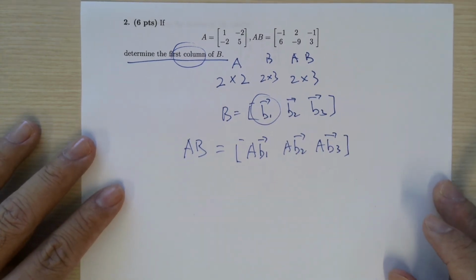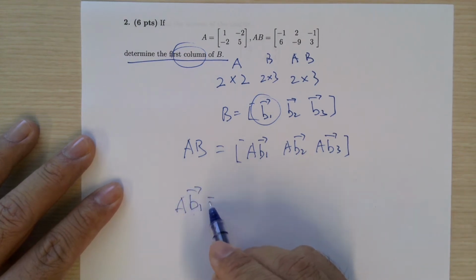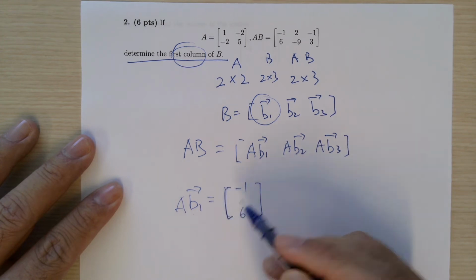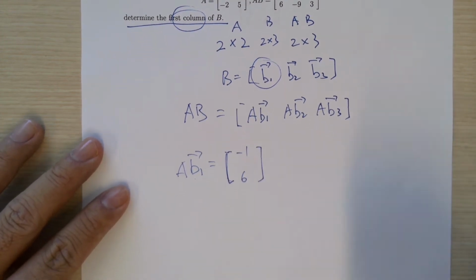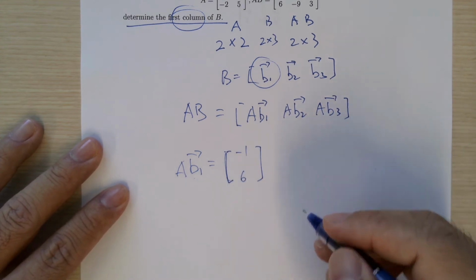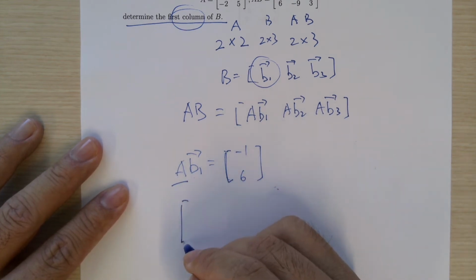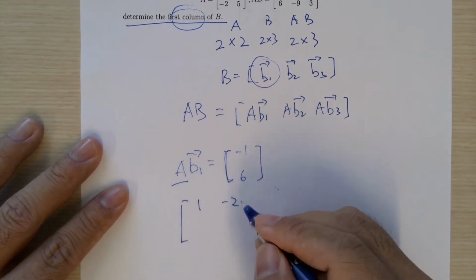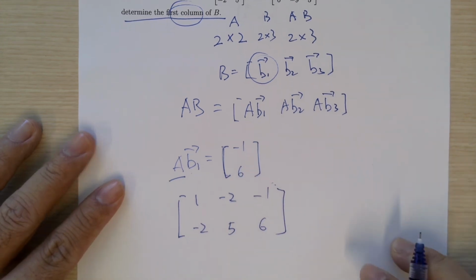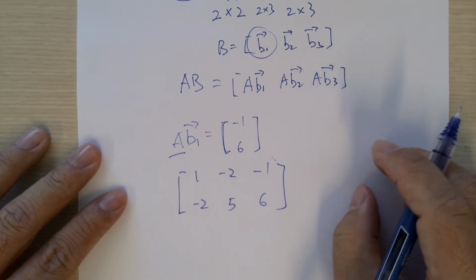So we are looking for b1 such that A times b1 equals [-1, 6]. This transforms into a matrix equation, where this is the right-hand side. So we are looking for a solution to this augmented matrix.